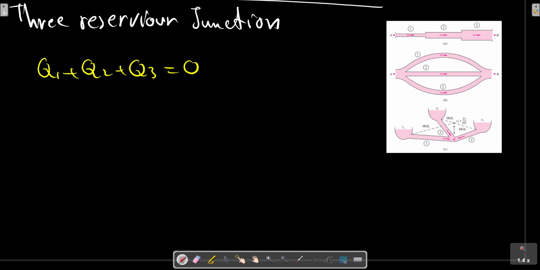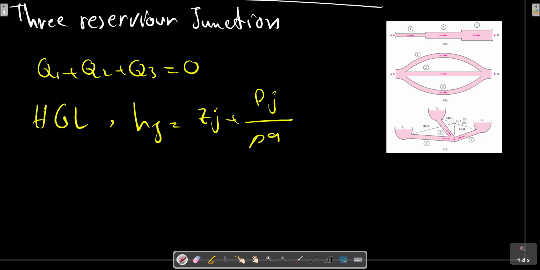In other words, let the hydraulic grade level at the junction have the elevation of Pj over rho g, where Pj is the gauge pressure for simplicity.